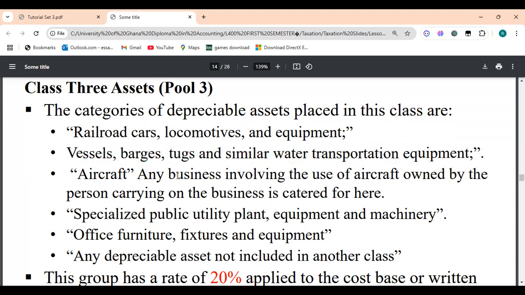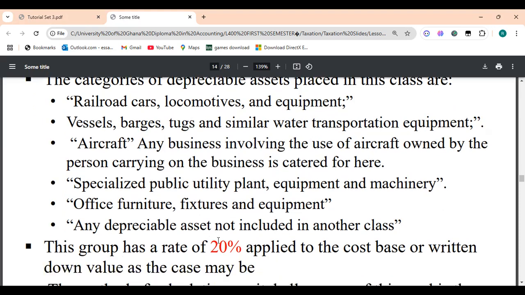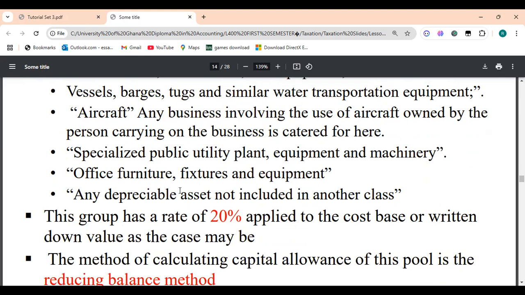Then aircraft, any business involving the use of aircraft owned by a person carrying on a business whatsoever. Specialized public utility plants, equipment and machinery, office furniture, fixtures and equipment, etc. So any depreciable asset not included in other classes.